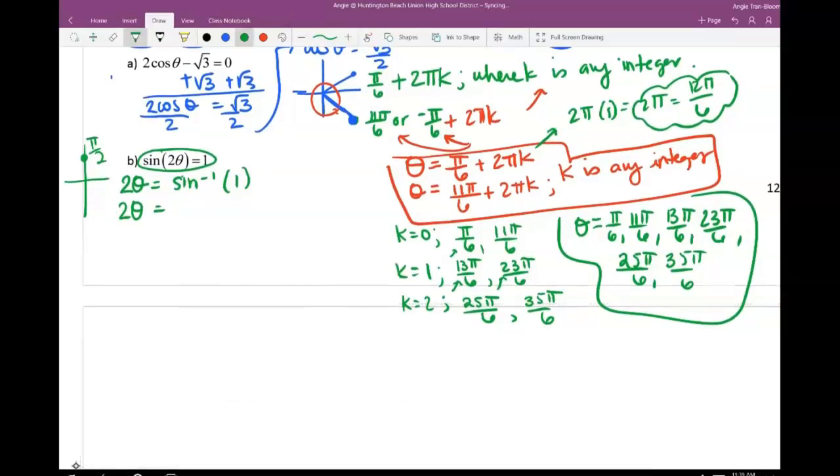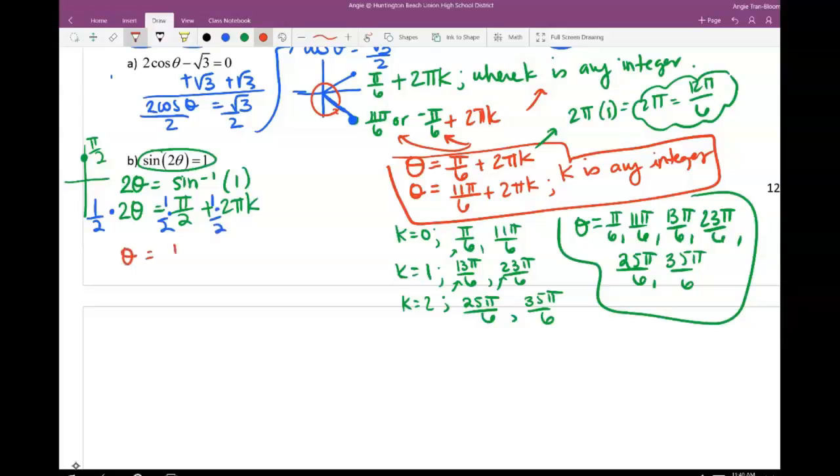So 2 theta equals pi over 2, okay? And again, I'm just going to add 2 pi k because that's what the period is for the regular parent function of sine. But if you see right here, there's this 2 in the front, so I'm going to multiply each and every term by 2. Okay, so now I'm going to solve.